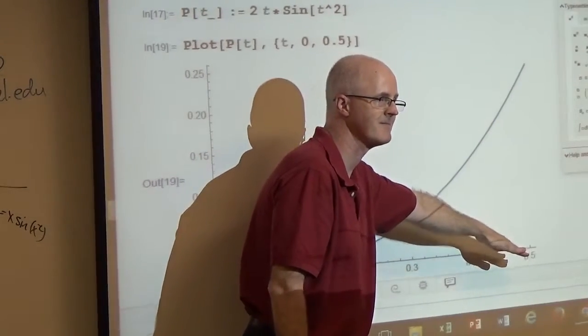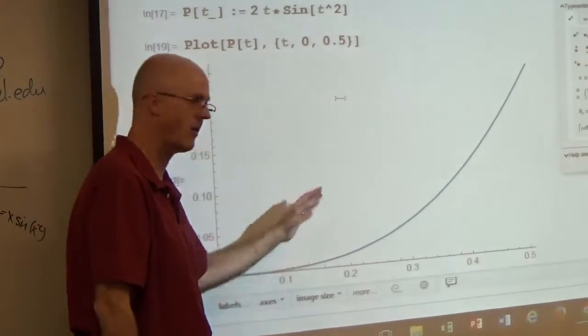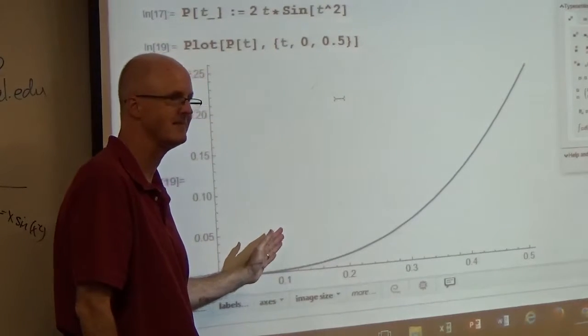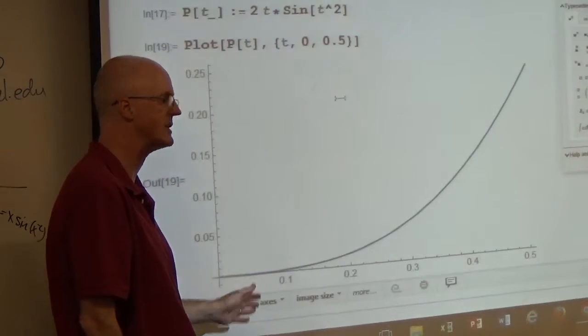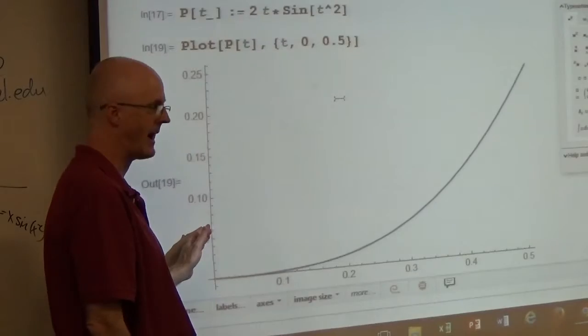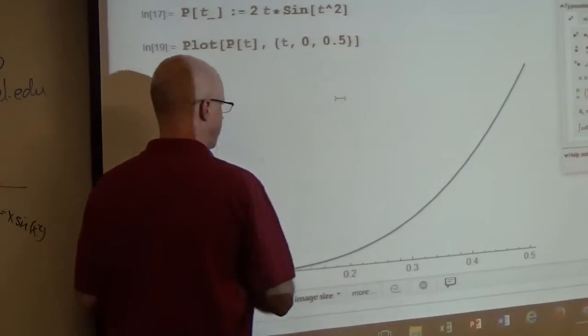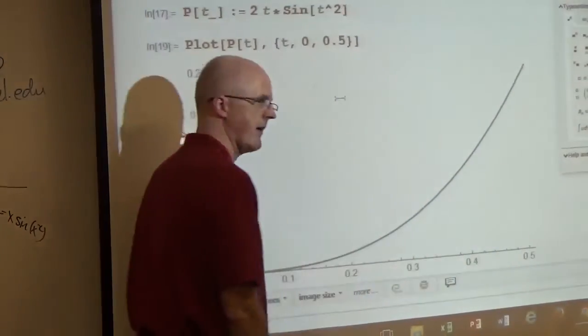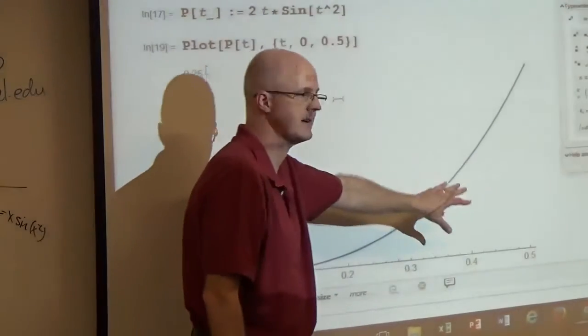I'll say that again. When your function is above the horizontal axis, like this is, the average value of the function is the height of a rectangle that you can make above the axis like this, whose total area, base times height, is the same as the area under the graph.